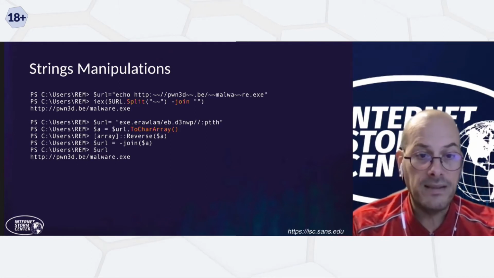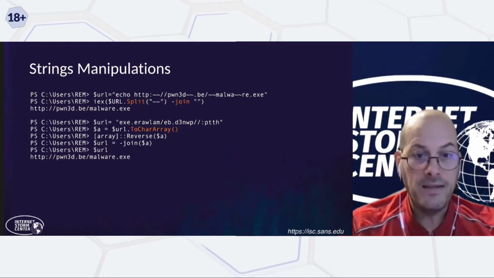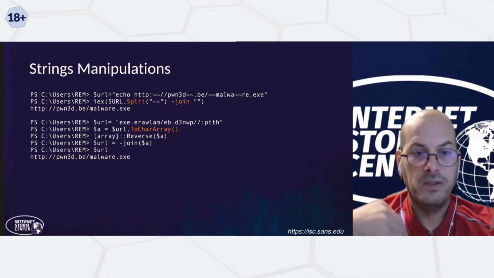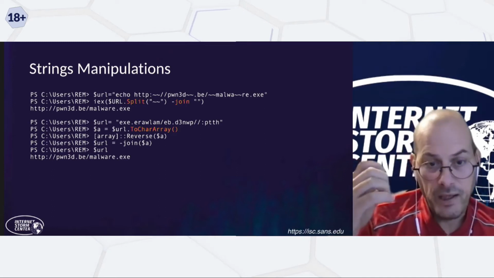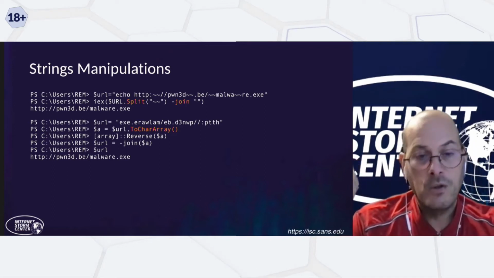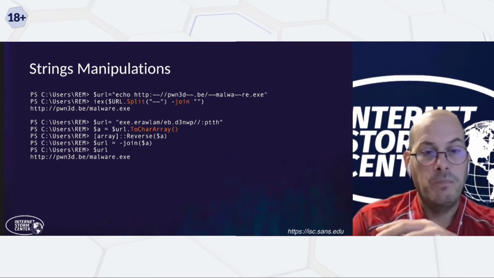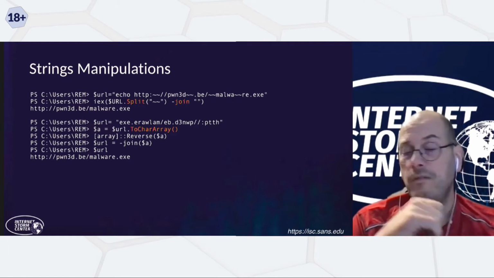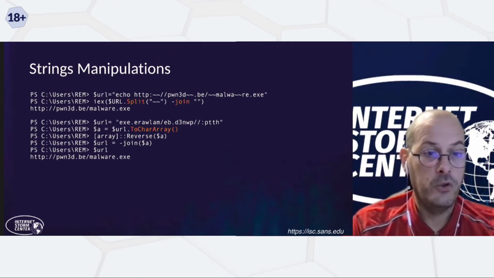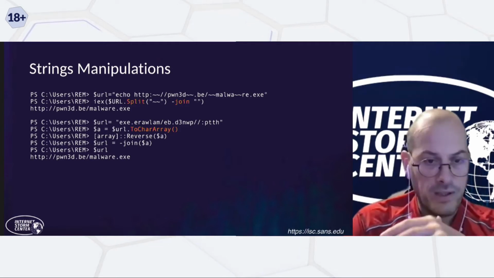You split the string URL into an array of characters, and then you reverse this array. And once again, when you have an array, you can use join to reconstruct the complete string. Based on this, we find the original URL, which is probably used to grab the second stage payload and so on and so on.